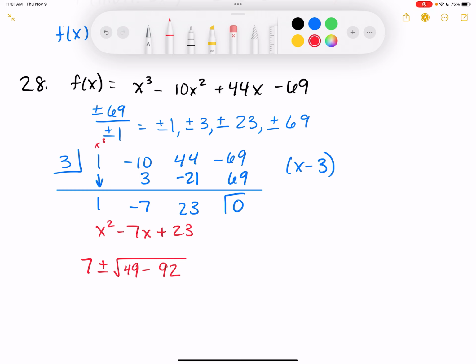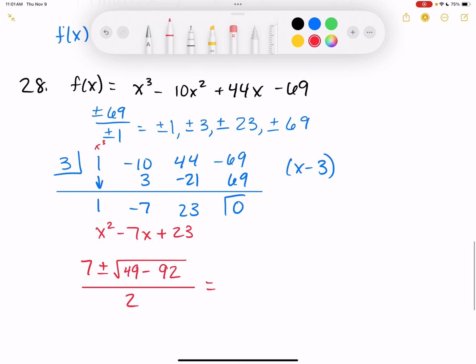All over 2a, so that's just going to be over 2. So I've got 7 plus or minus the square root of negative 43 over 2.